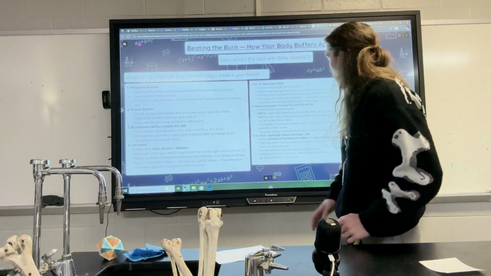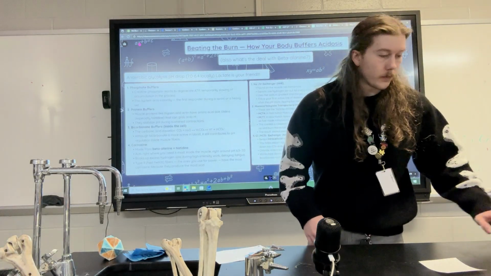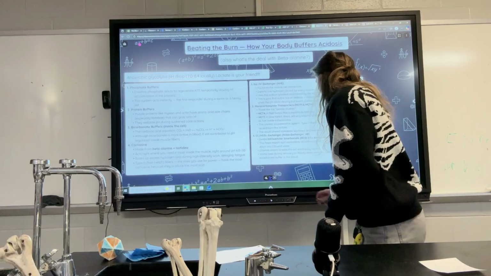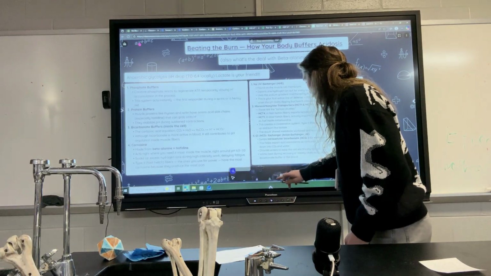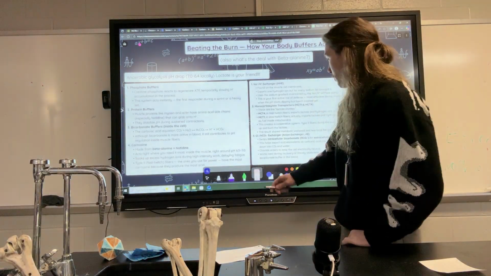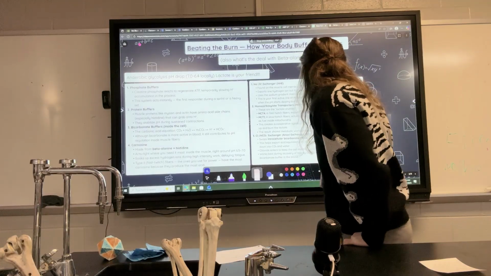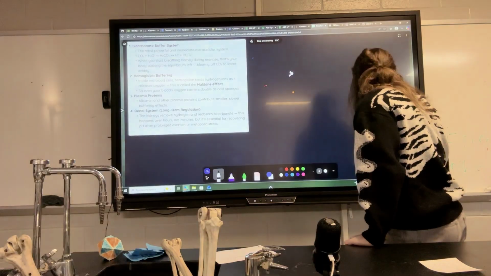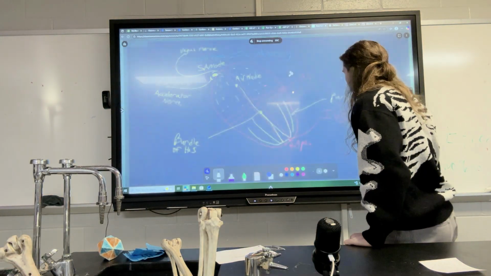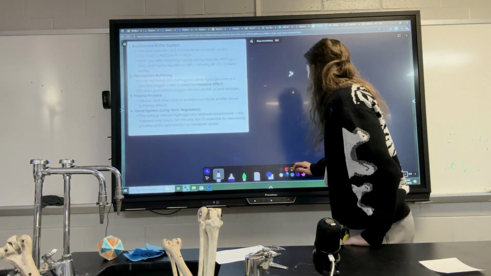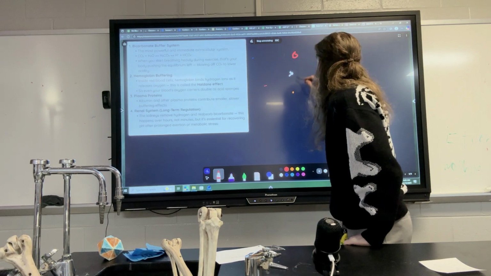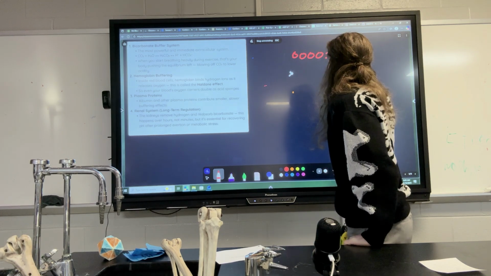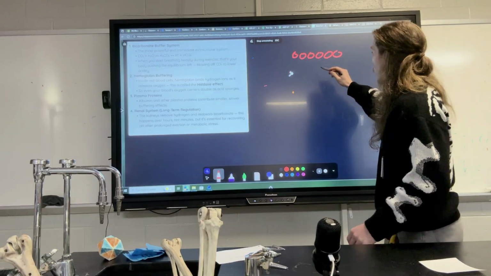Glycolysis, to simplify it as much as possible, looks like this. Glucose is a 6-carbon molecule: 1, 2, 3, 4, 5, 6.